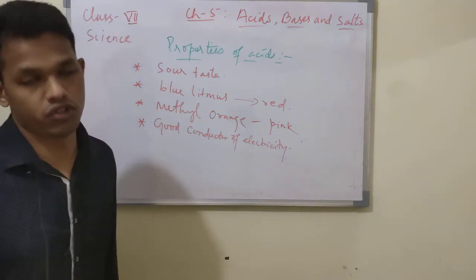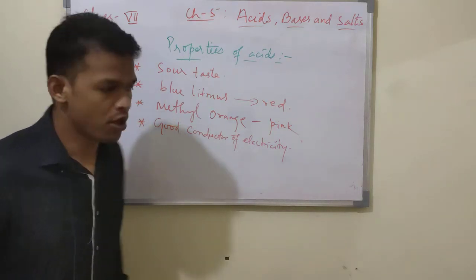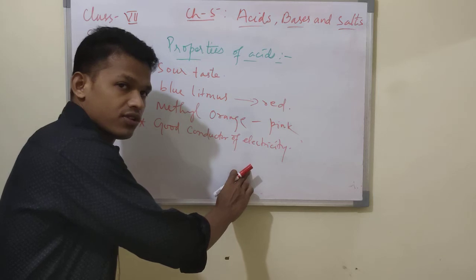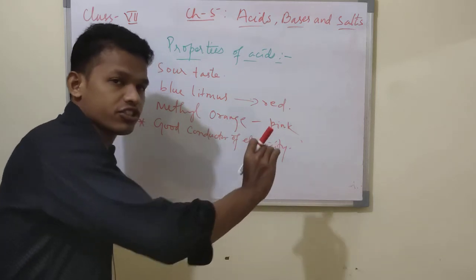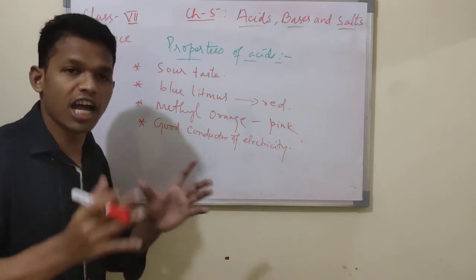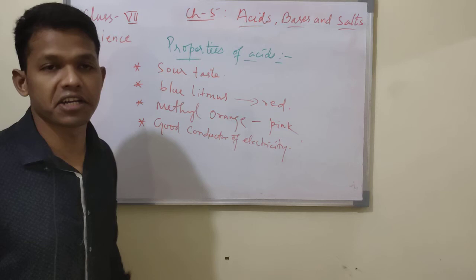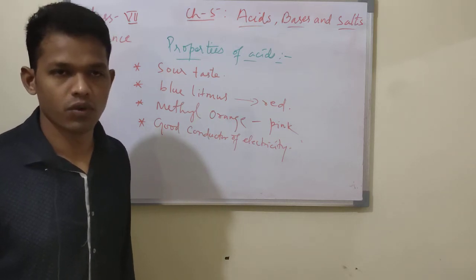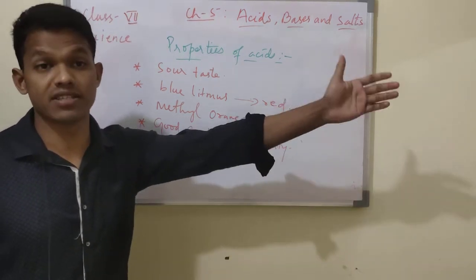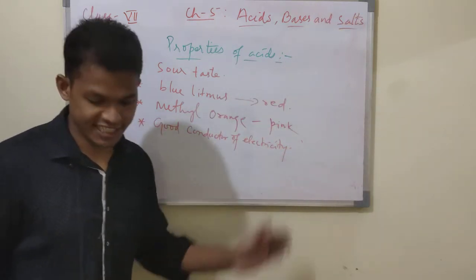The movement of free electrons is known as current. So this solution allows electrons to pass through, and these are good conductors of electricity. We'll talk about whether bases are good conductors of electricity or not later.